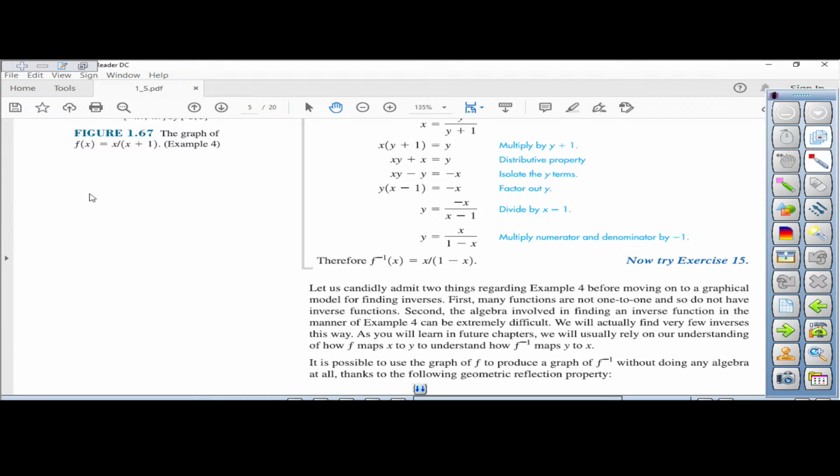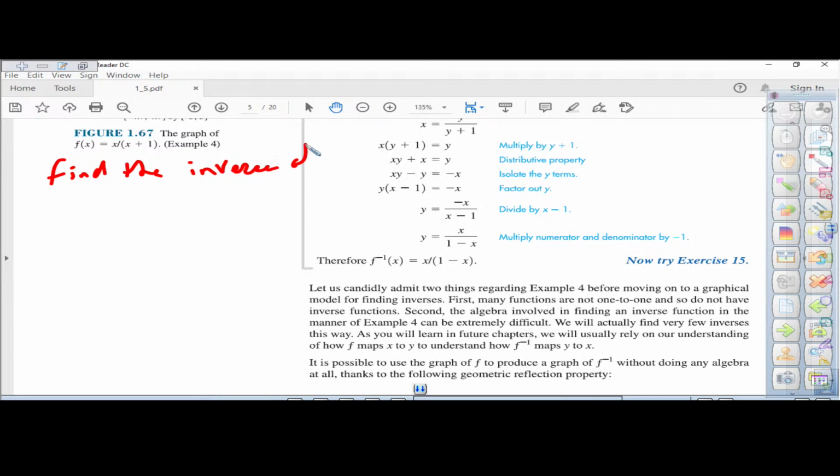Okay, find the inverse of this function. Find the inverse of f of x equals square root of x minus 3.